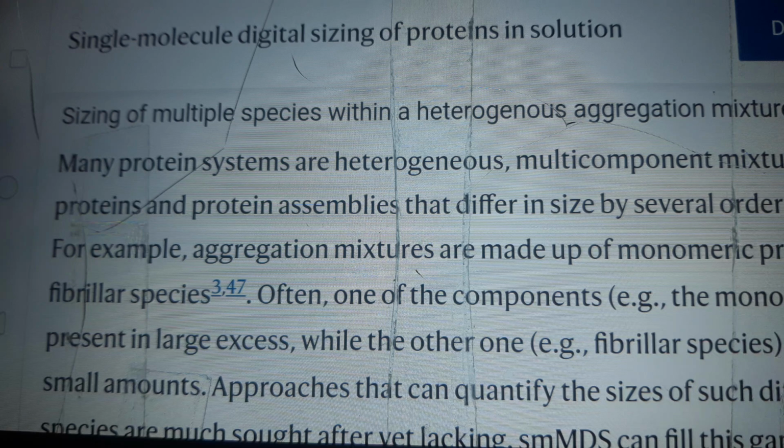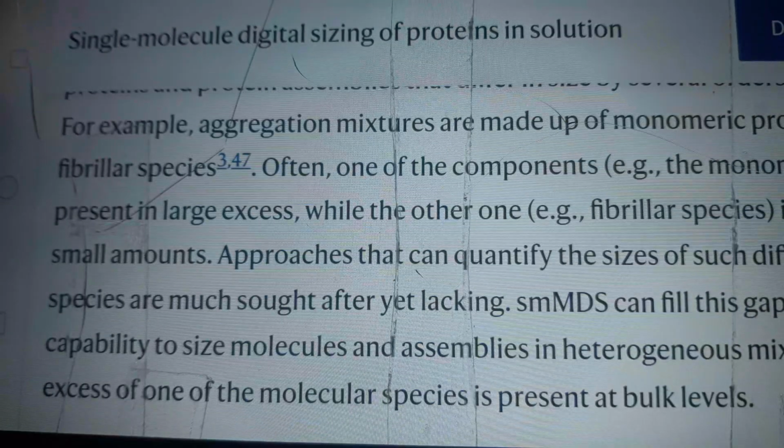For example, aggregation mixtures are made up of monomeric protein and large fibrillar species. Often one of the components, for example the monomeric protein, is present in large excess, while the other one, for example fibrillar species, is only present in small amounts.